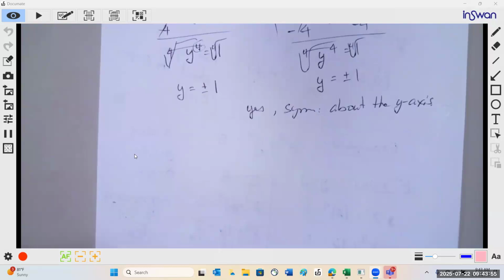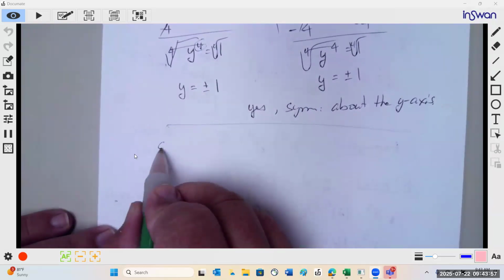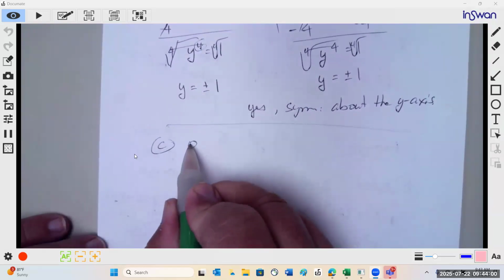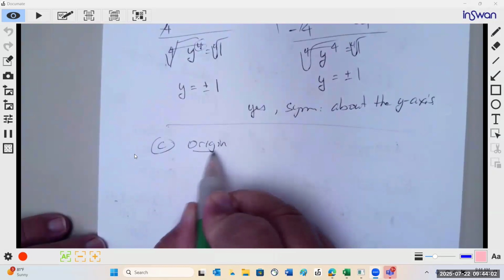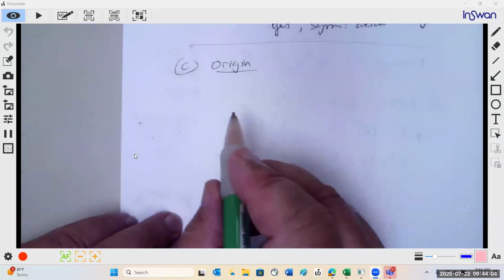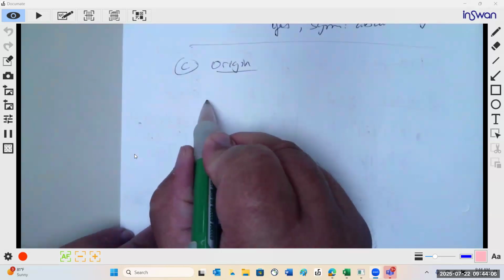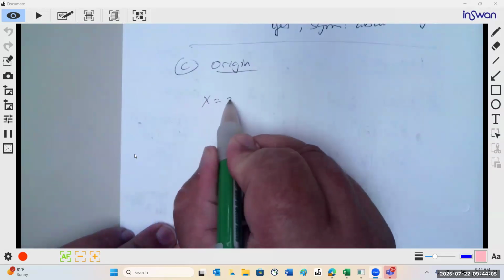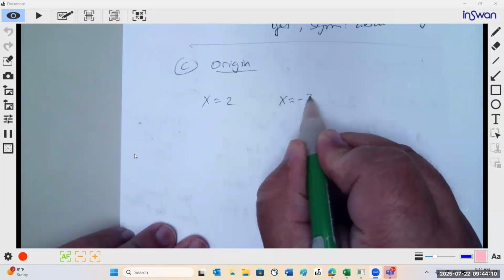Since it's symmetric about both x and y, we can be pretty sure it's symmetric about the origin. So x equals 2, x equals negative 2.